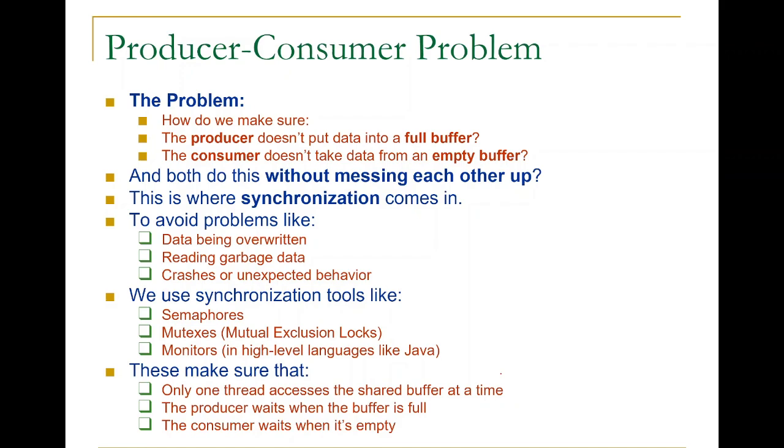That's number one. How do you make sure that the consumer doesn't take data from an empty buffer? Those are the two, and both must happen without messing each other up. This is where synchronization comes in, to avoid problems like data being overwritten.